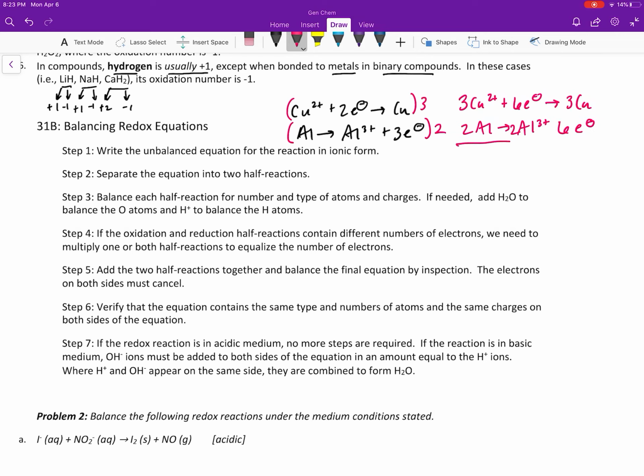But now when we get ready to add up the equation, our 6 electrons cancel out, leaving us with not only a mass balanced equation, but it is going to be balanced as far as overall charges go.